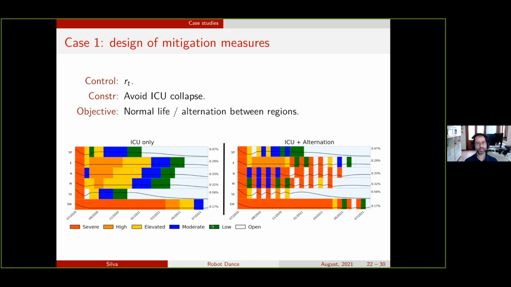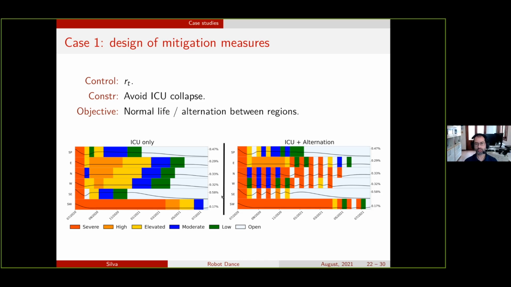Okay, and what we're showing here is that we can do that in a smooth way if we want, but you might also want to do it in such a way that while part of the country, or another part of the state, is under a more strict condition, another part is under a more relaxed condition, so that the economy doesn't shut down in the whole state at once.